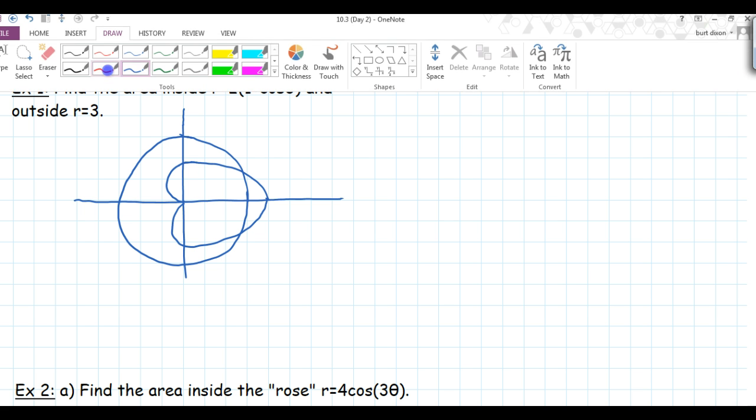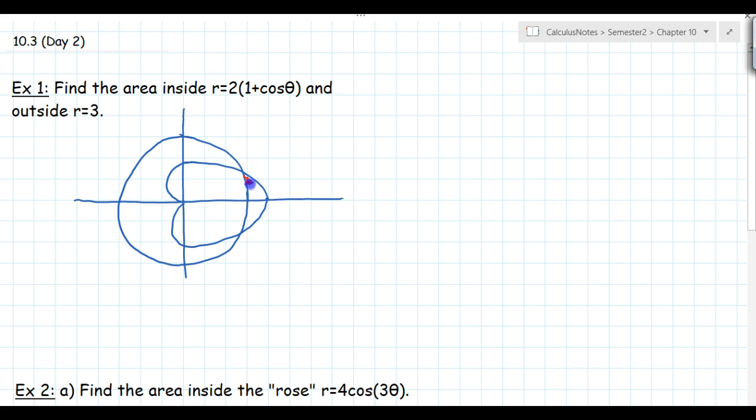So the area that we're looking for is this red area here. Okay? And as we learned yesterday, when we use the integral of 1/2 r squared d theta to find areas inside polar regions, what we're actually finding the area of is sectors. And so really the most important step in these problems is to draw the radii that create the sectors.